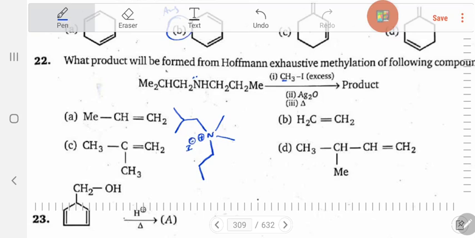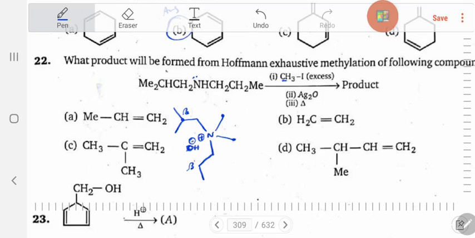Now this is allowed to react with Ag2O. Then you will get OH minus. AgI precipitated and you got OH minus. Then on heating this OH minus will abstract beta hydrogen. So this is alpha carbon, this is alpha carbon, this is beta carbon, this is alpha, this is beta carbon. So we have two beta positions. In Hofmann exhaustive methylation, what happened?